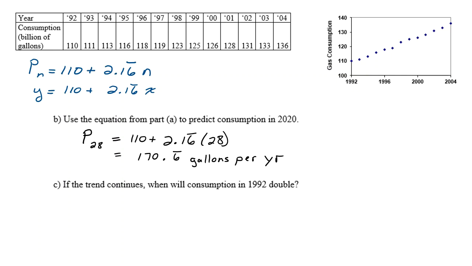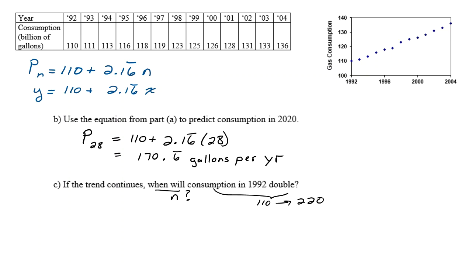Part C: if the trend continues, when will the consumption in 1992 double? So when is asking us for N. How many years before the consumption of 1992, which is 110, doubles, which would give us 220? So what we know now is our output.